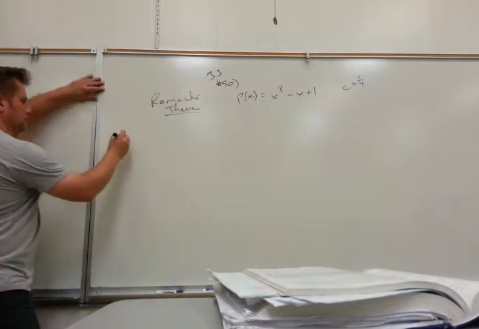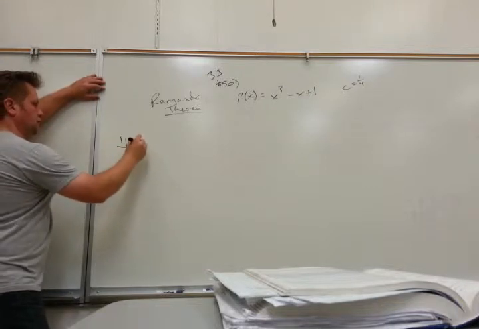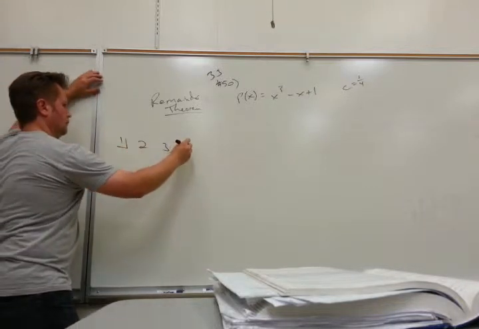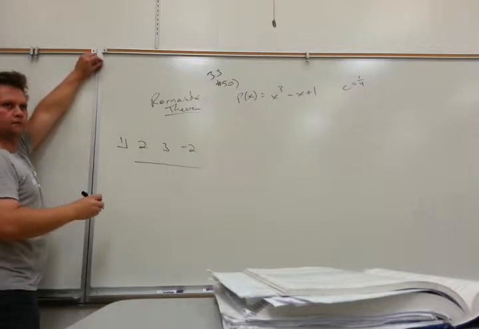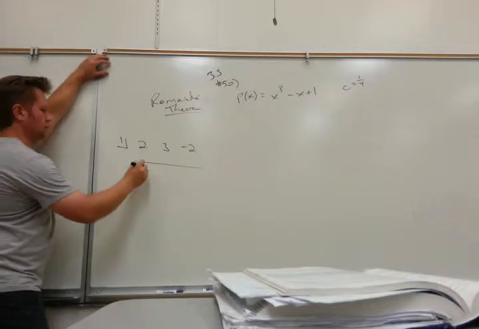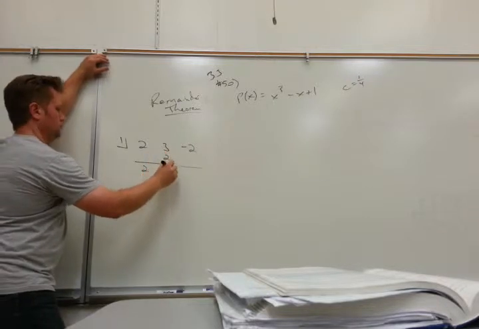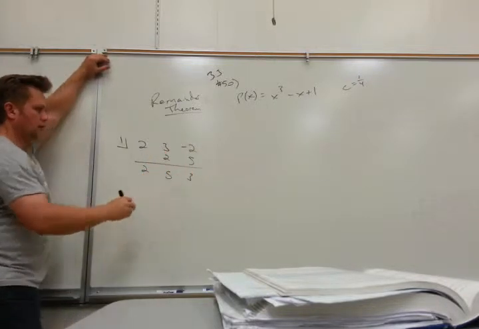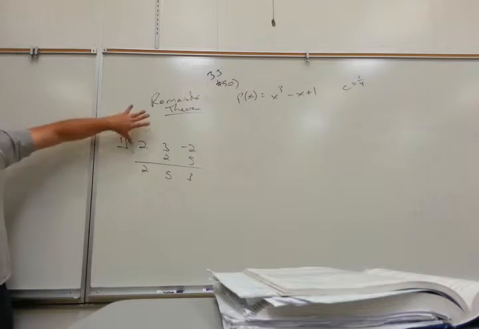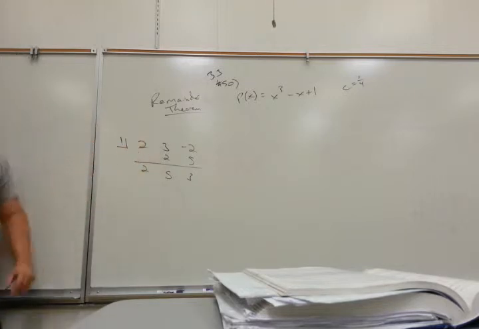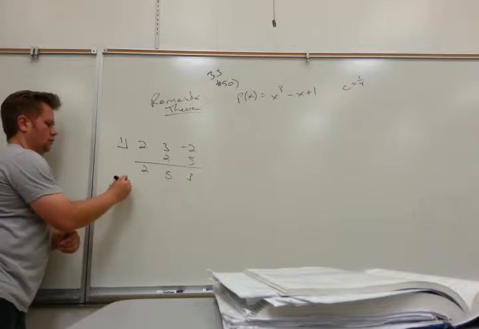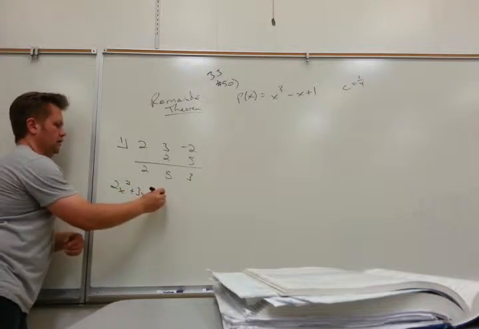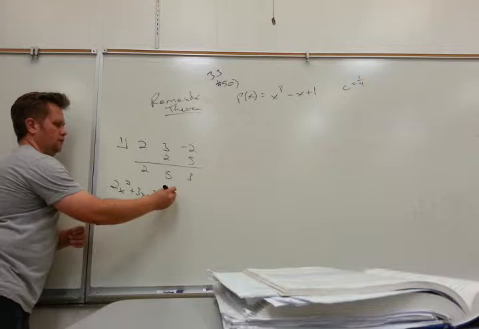Basically, if I do this, so here we go, 2, 5, 3. Can somebody help me put that back together? Where did that come from? What does it look like this came from, possibly? 2x squared plus 3x minus 2 divided by x minus 1.